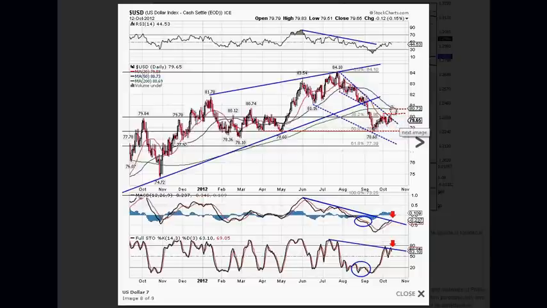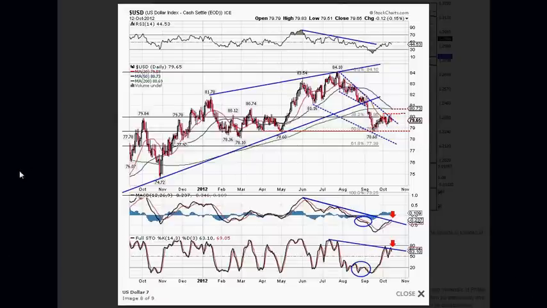Alternatively, if we tend to break higher above the 80 level, especially if we close higher above 80.73, it could be seen as quite bullish and potentially indicate higher prices to come. But QE3 means a softer dollar, so it seems to me that it's almost like a one-sided bet, but we have to wait and see.